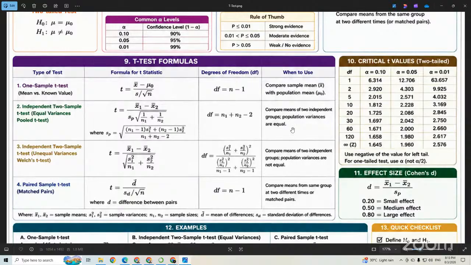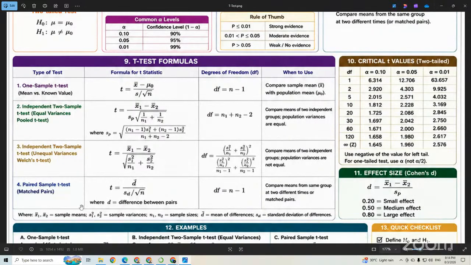Then, compare the means of two independent groups where population variances are equal; then you will choose the independent two sample t-test. And here we compare the means of two independent groups where population variances are not equal; when these are not equal, we choose this test. And compare the means from the same group at two different times, or matched pairs; then we apply the paired sample t-test. If the pairs are matched, then we can apply this one.